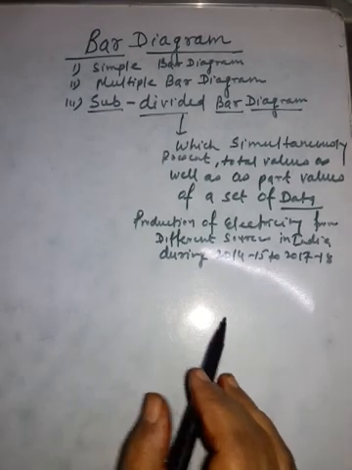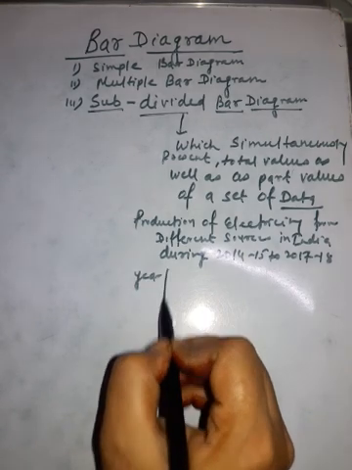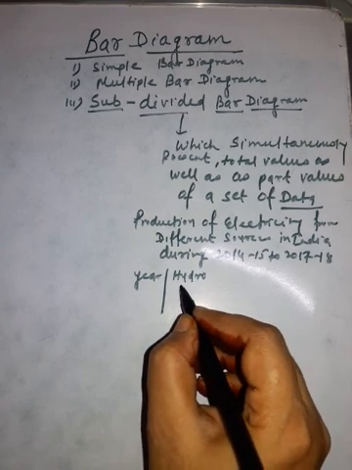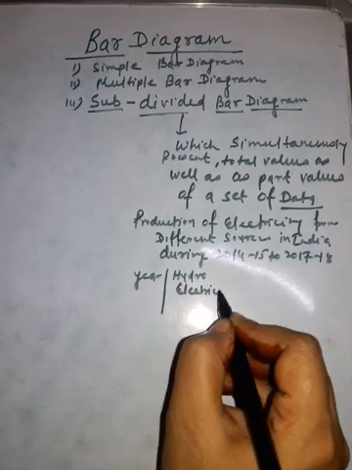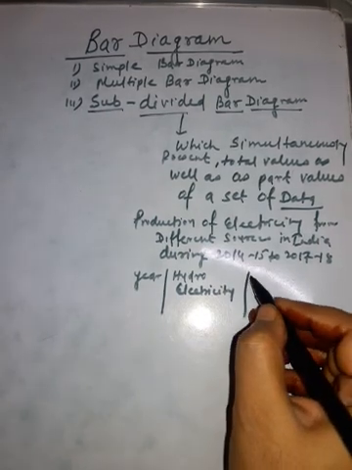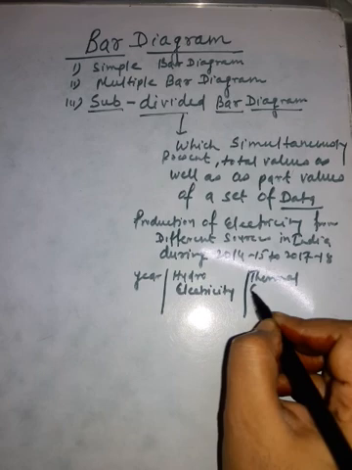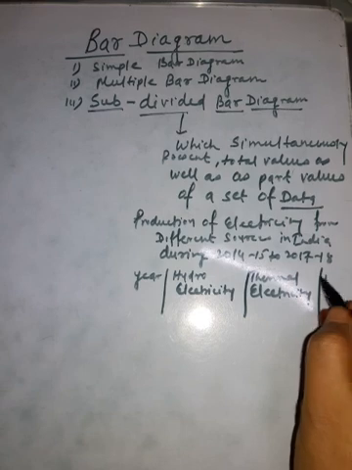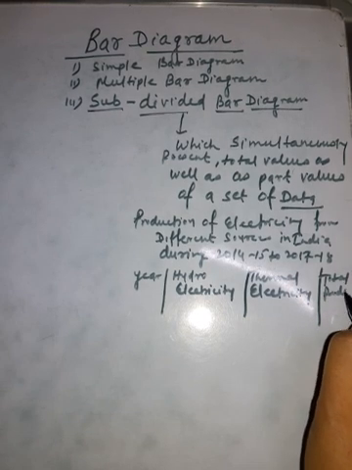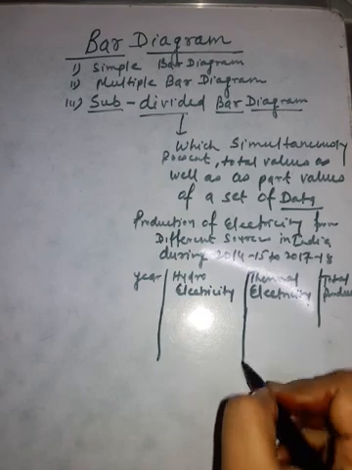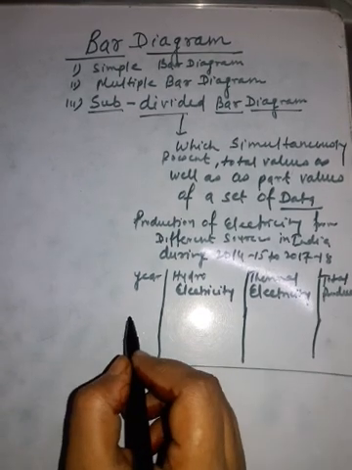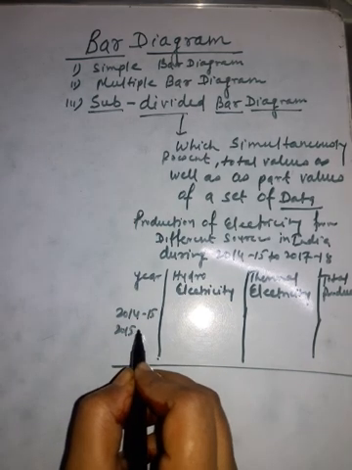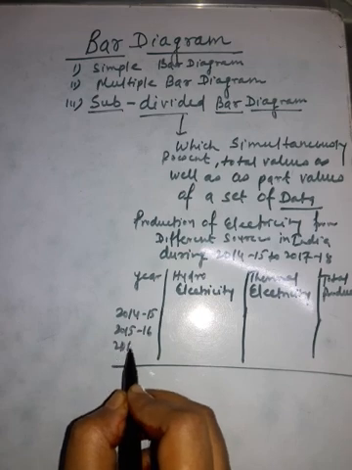We have the year, hydroelectricity. These are the sources of generating electricity: hydroelectricity, then thermal electricity, then total production, of course. Suppose the years 2014-15, then 2015-16, then 2016-17, and 2017-18.